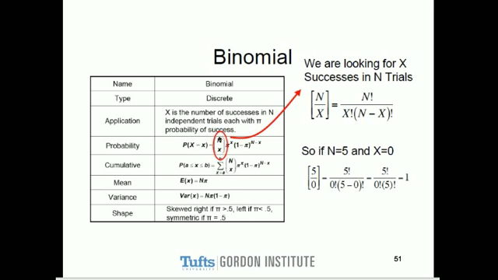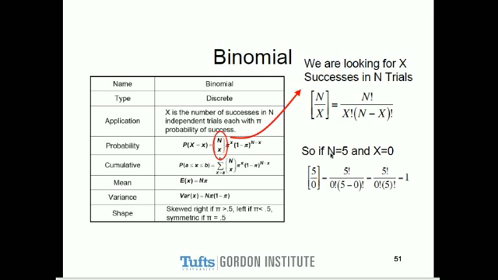how do we calculate this right here, factorial? So, for folks who haven't seen this before, this may look a little bit scary, but it's quite simple. All right. So, when we're looking at x successes and n trials, we have n factorial divided by x factorial times n minus x factorial.